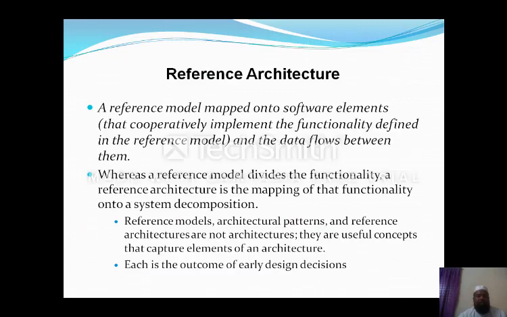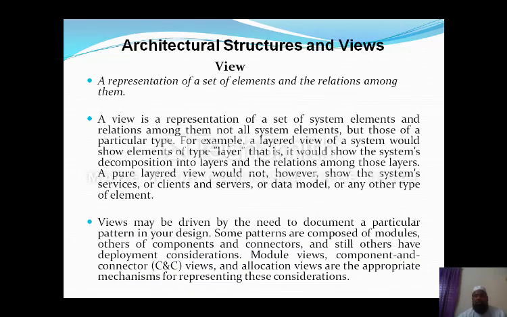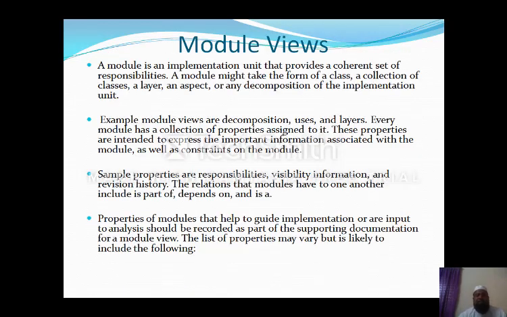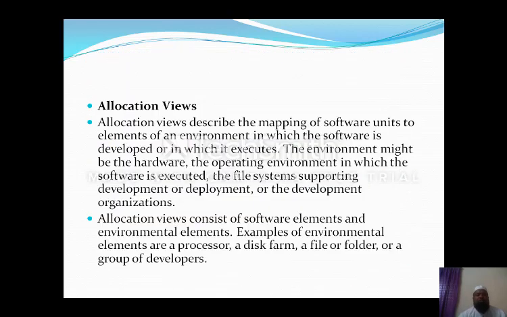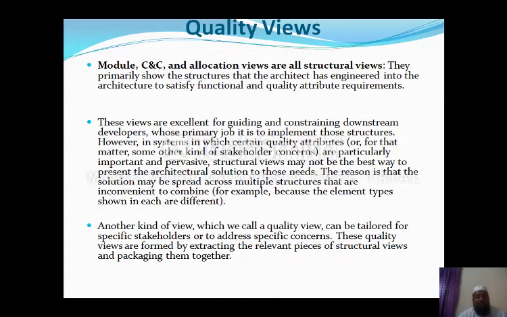A view can be defined as a set of elements giving the relationship among them. So we are having module views, then we have seen some of the properties, component and connector views, allocation views, and then we will come into the quality views. This is one of the important aspects: these three views, that is modules, C&C and allocation views, are all structural views.